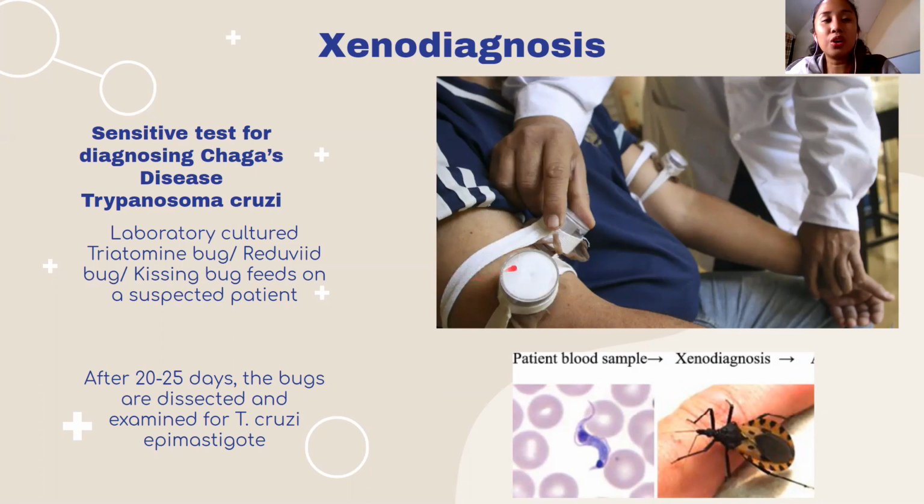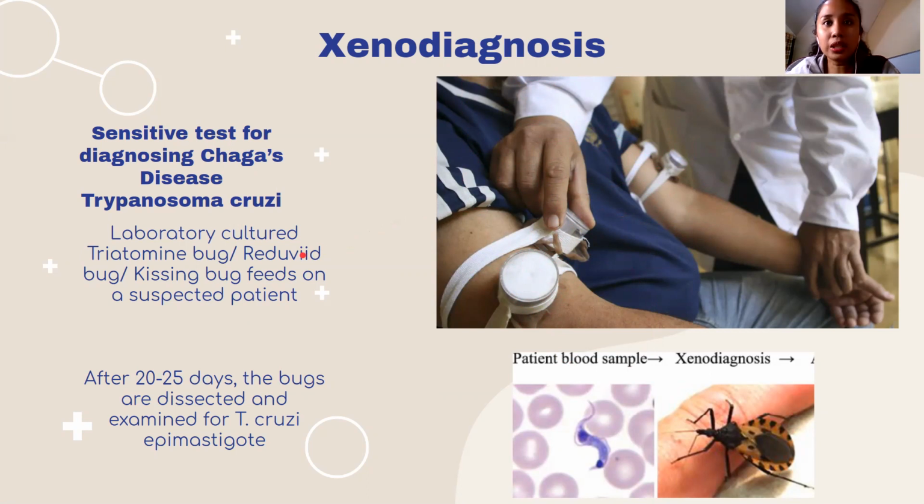They will feed on suspected patients. They have a clinical presumption that this patient has Chagas disease, and they want to prove it. So they placed about 4 bugs in these canisters, and the bugs will feed on the human.